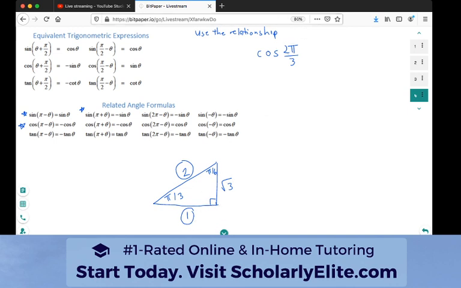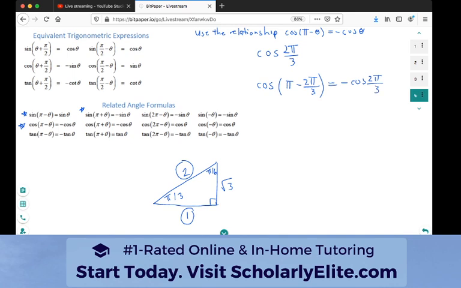Use the relationship cos of pi minus theta equals negative cos theta to evaluate. So if this is cos of 2 pi by 3, and they're asking us to evaluate in this format, then what we're going to have to do is cos of pi minus 2 pi by 3 is equal to negative cos 2 pi by 3.